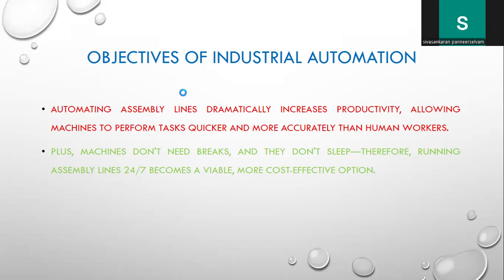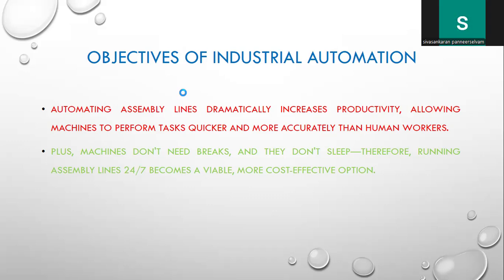So by keeping that in mind, we need some kind of advanced computer control system in order to automatically control the assembly line by maximizing the productivity, such that the machines can perform their work on their own, without the intervention of humans, in a more accurate manner.